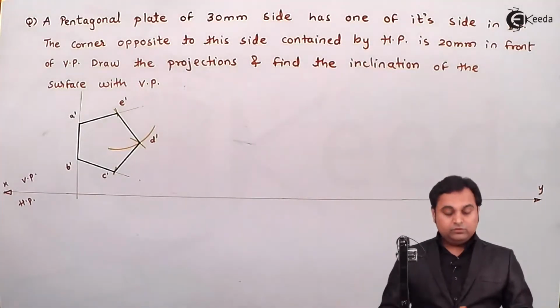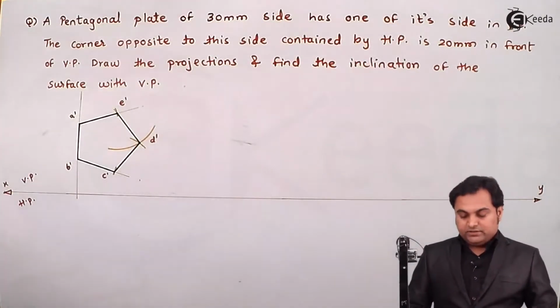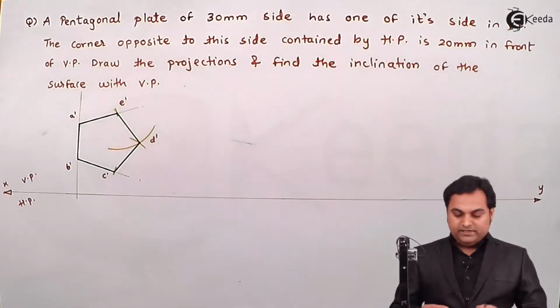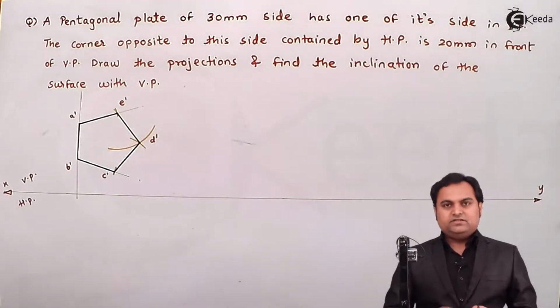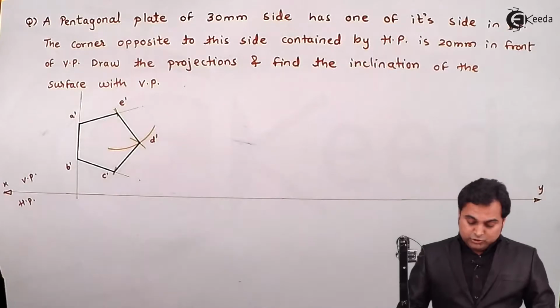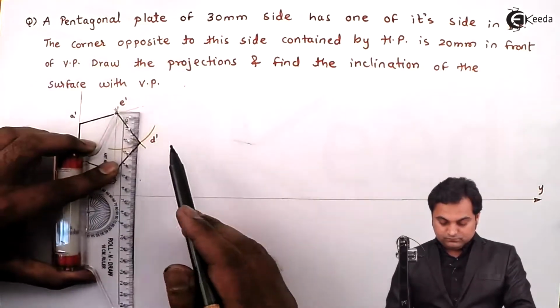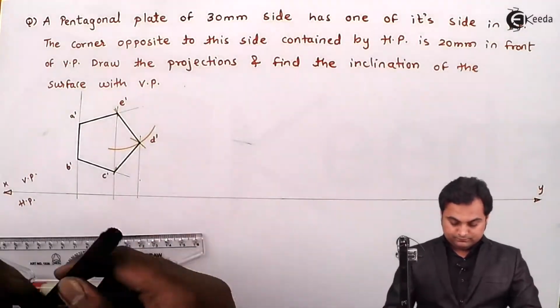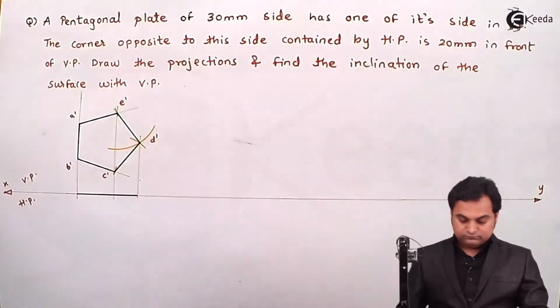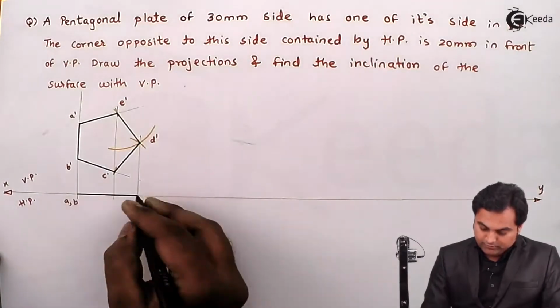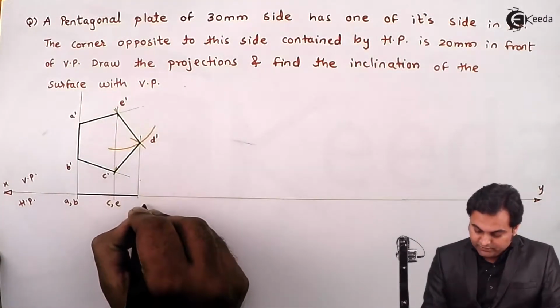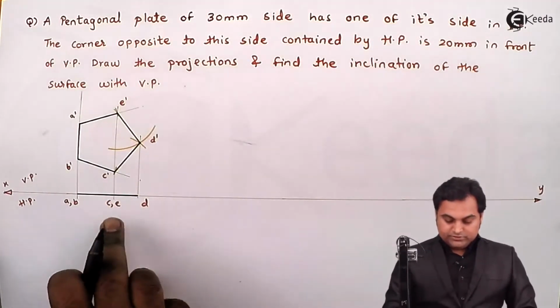Next, for the top view, since the plane or a plate doesn't have any thickness, the thickness is negligible, so it will appear as a line in the top view. A comma B, here we have C comma E, this is point D. So this is the plane.